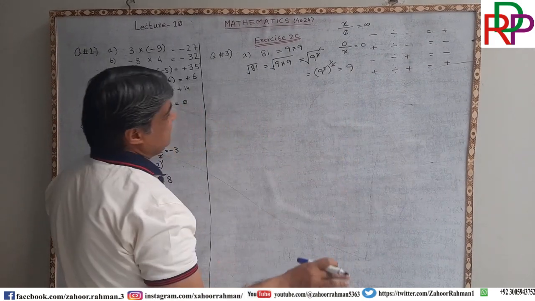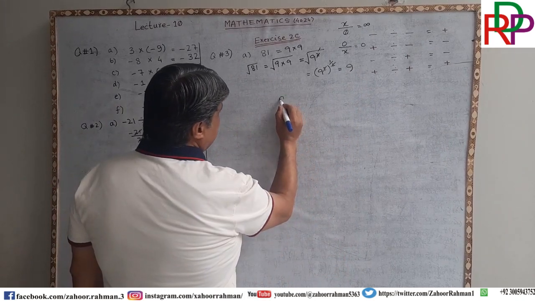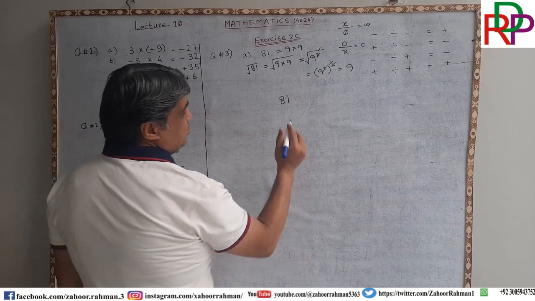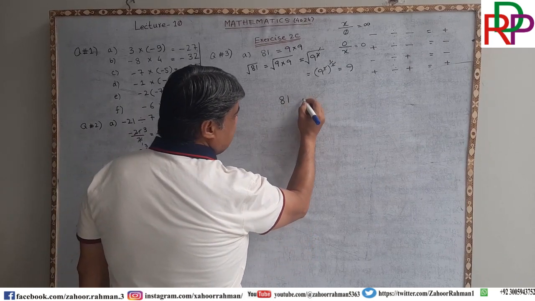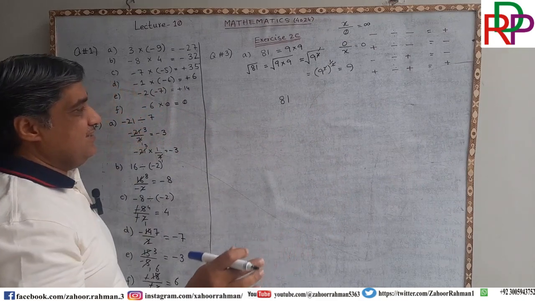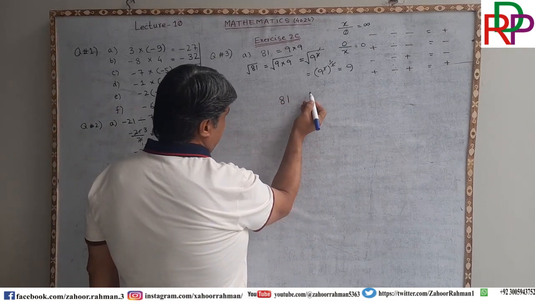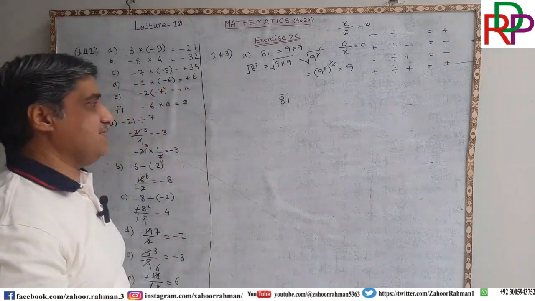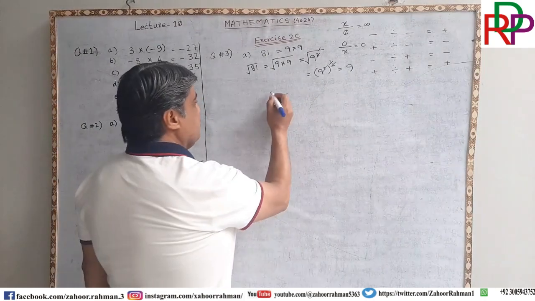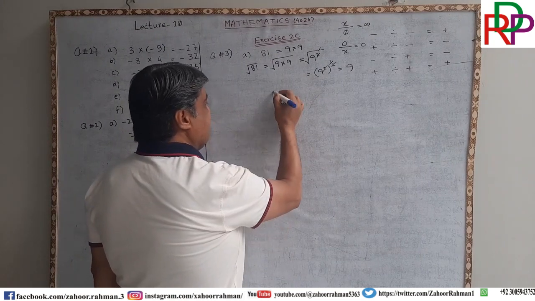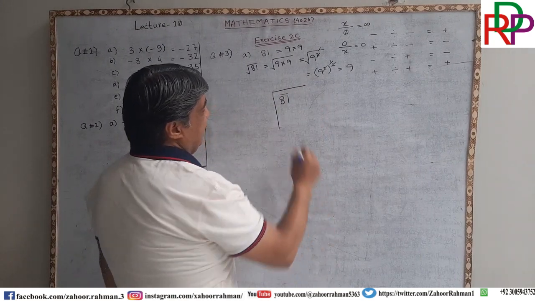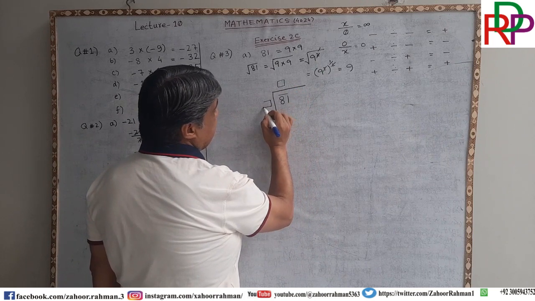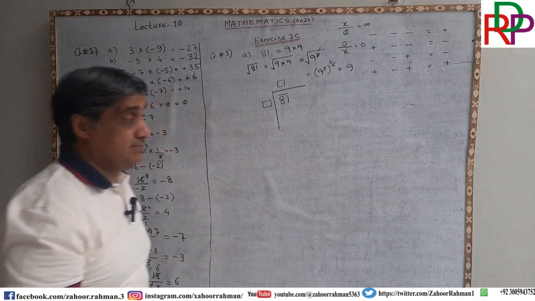There is another way. You have to write 81, and if there are more digits, then you have to take pairs from the right side. I am taking this pair. Now you have to draw a line like this, and here you have to multiply the same numbers.